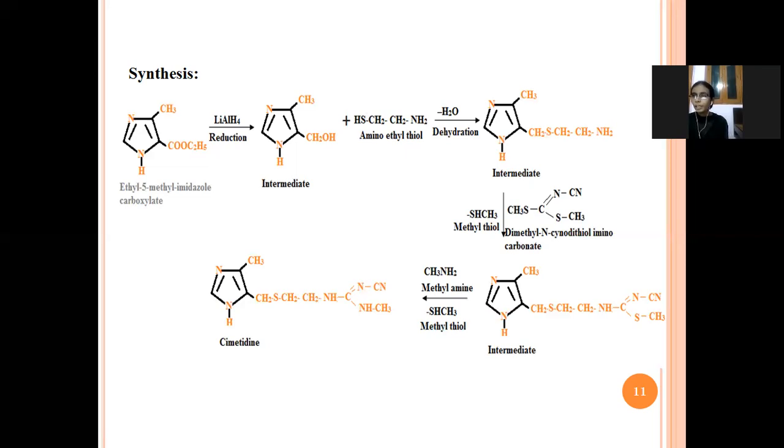When intermediate product B is reacted with dimethyl N-cyano-thiol carbonate, the methyl thiol is eliminated.